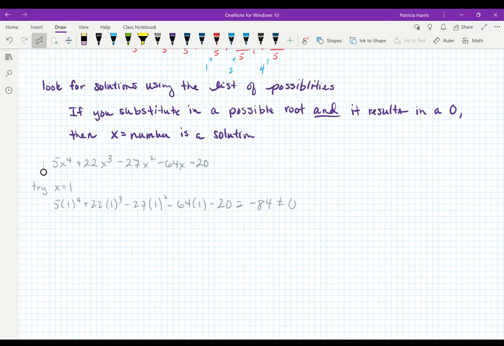Now let's go for the next easiest, which is negative 1. We're just plugging in.